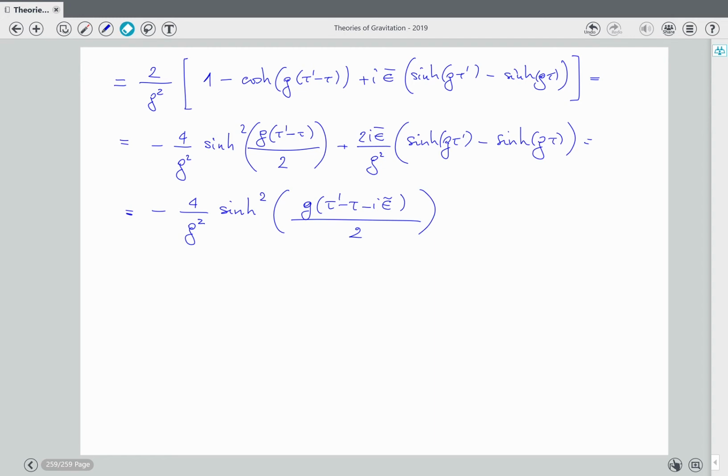This will make our calculation rather easy. So we just expand this one in epsilon to the first order and check that it is equivalent to the first expression, up to a redefinition of epsilon.